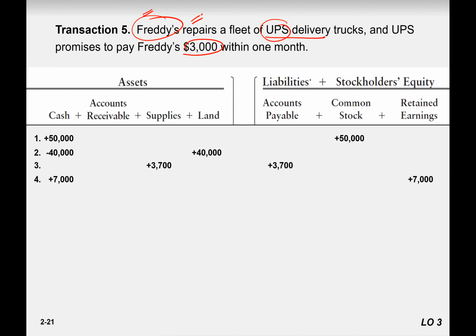So of course, this is our sales because we are selling our services, automobile services. So retained earning will be increased by 3,000, but we didn't receive cash. We will receive it after 1 month. So we are creating our customers, which is accounts receivable. Got it, right? Done. So if anyone has any question, please ask, okay?